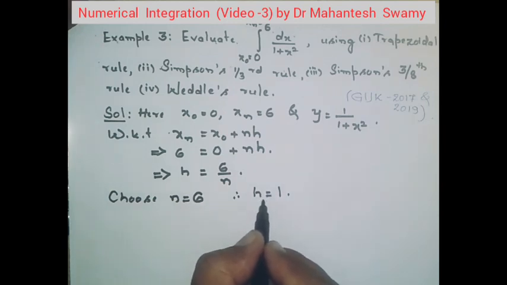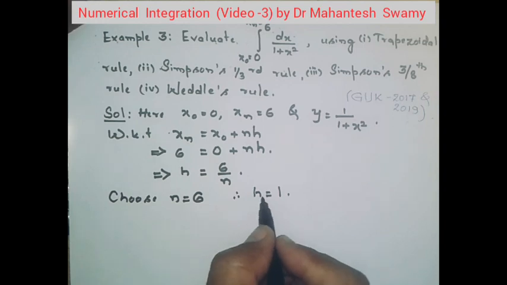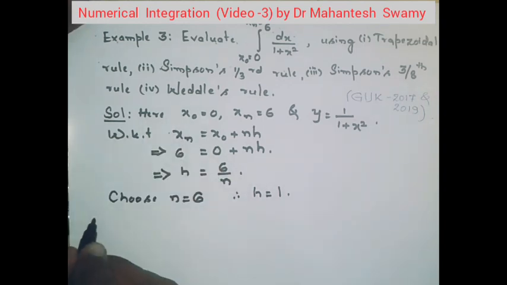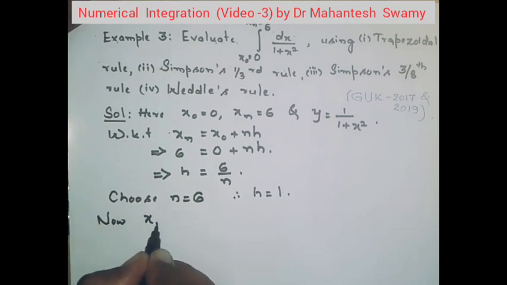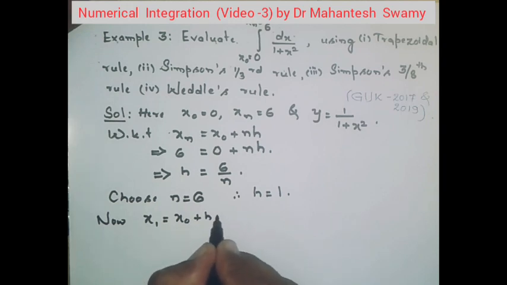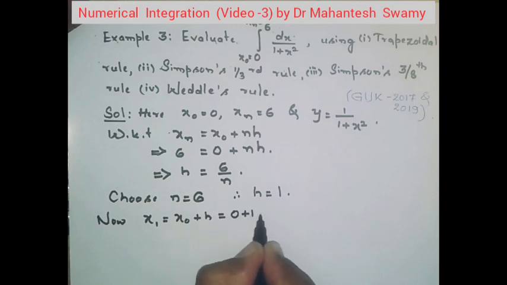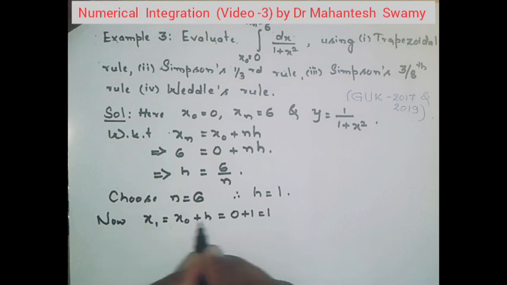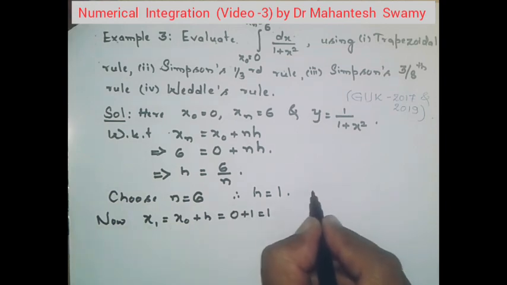Now let us compute the value of y at different values of x. Now x1 is equal to x0 plus h. So x0 is 0, 0 plus 1 is 1. Before going to x1, it is our duty to find out the value of y at x0.